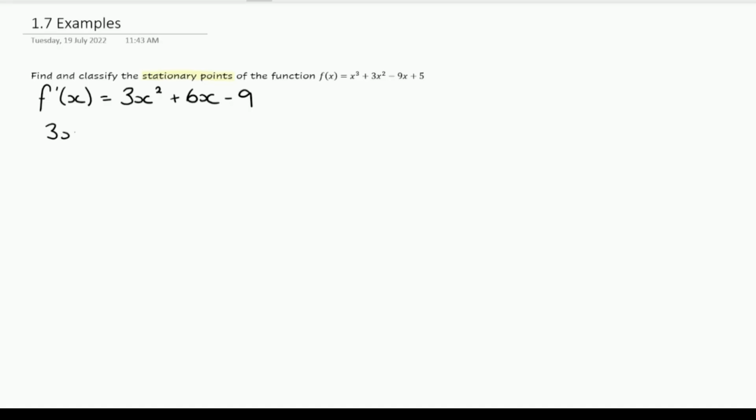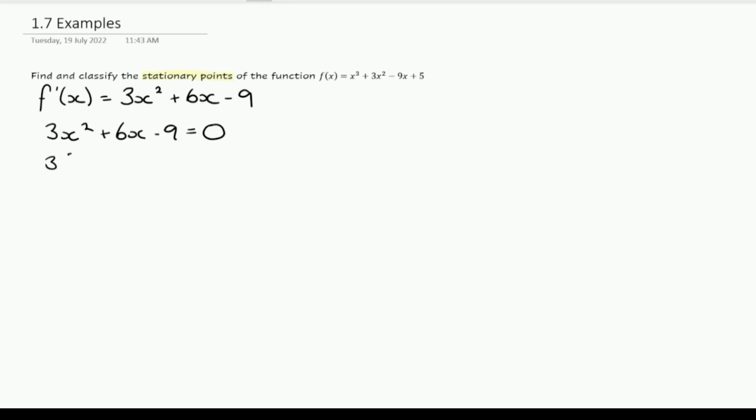Now I'm going to have this equal to 0. So I'll get 3x squared plus 6x take 9 is equal to 0. Now that my derivative function is equal to 0, I want to find what value my x is to be equal to 0. So first I'm going to factorize, and I'm going to take out a 3 first.